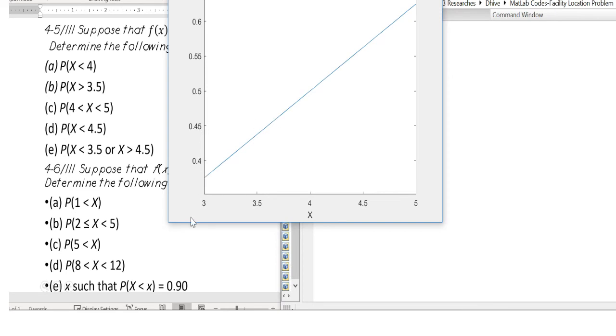So this is 0.4 to 0.45, so definitely it's above the x-axis.